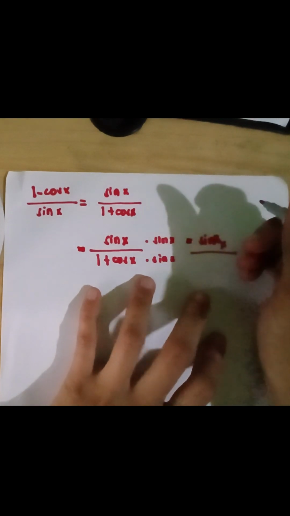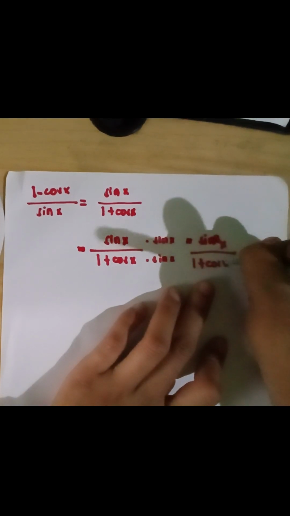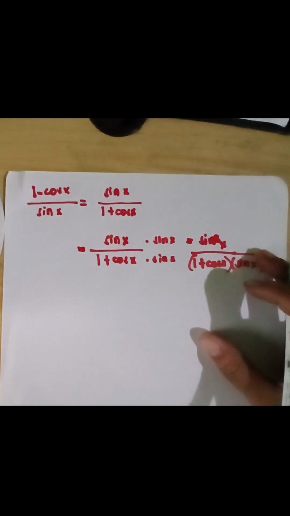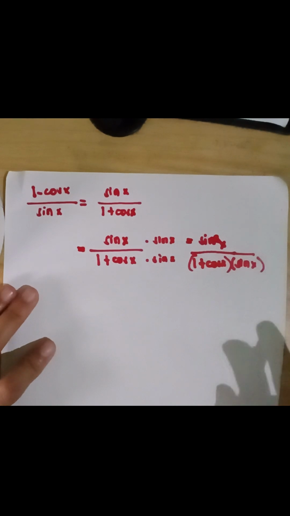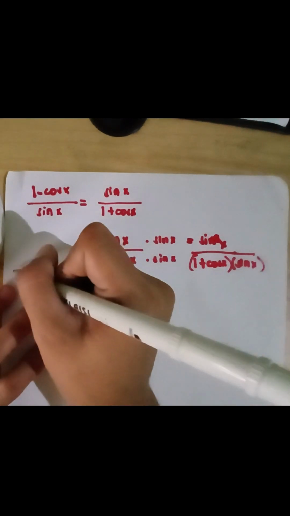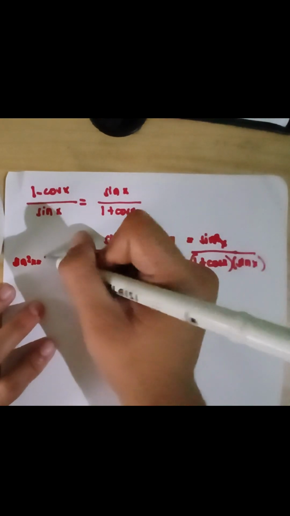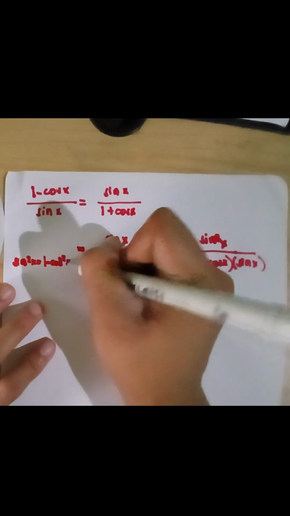So it's going to be 1 plus cosine x times sine x. So now let's apply the Pythagorean identity, which is sine squared x equals 1 minus cosine squared x.